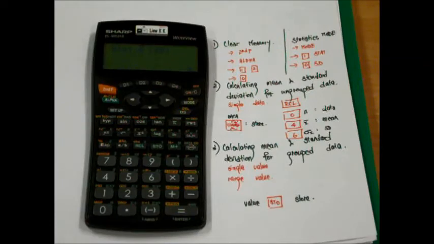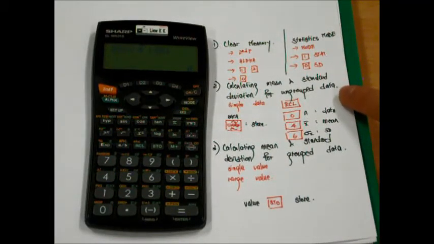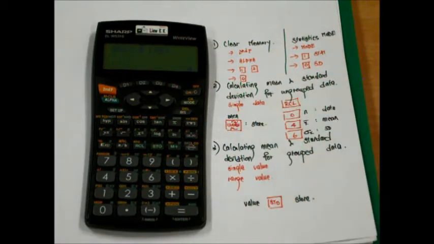How to calculate the mean as well as standard deviation. Question 1D, as you can see, there's 2, 4, 6, 8, 10, 12 and 14. So there are a total of 7 individual values. So we are going to do step number 2, calculating mean and standard deviation for ungrouped data. What we mean by single data.